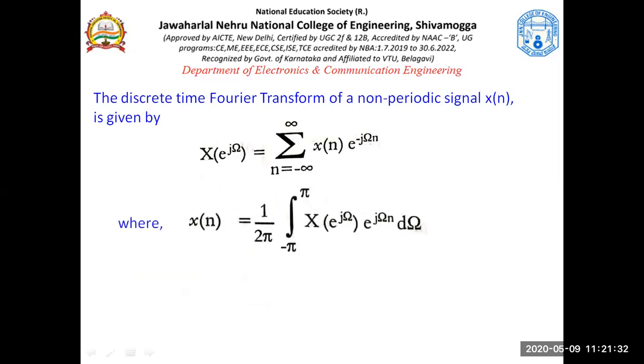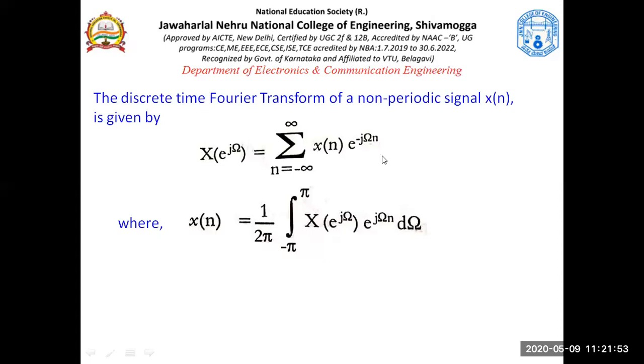Since this is non-periodic, we are taking an integral here: 1 by 2 pi times the integral from minus pi to pi of X of e power j omega into e power j omega n d omega. So here we are integrating with respect to omega.